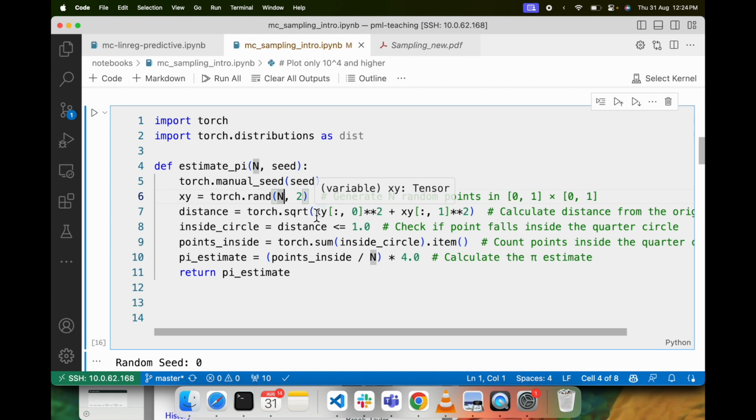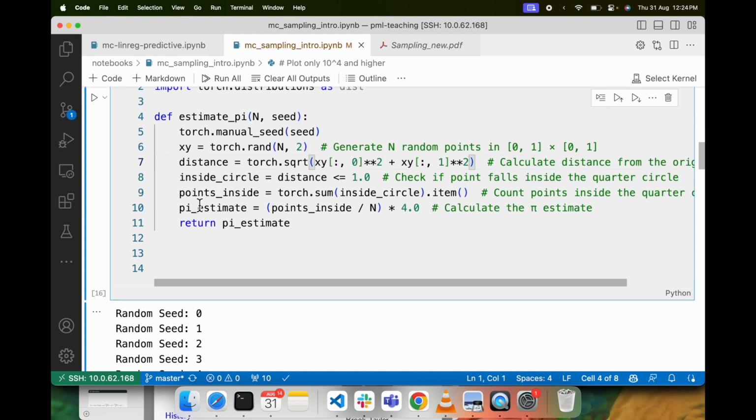We are computing x1 squared plus x2 squared, right? x1 is just xy, all the points 0th dimension, and x2 all the points first dimension. We can check if this distance is less than or equal to 1, right? If it is less than or equal to 1, we get a true, otherwise we get a false, right?